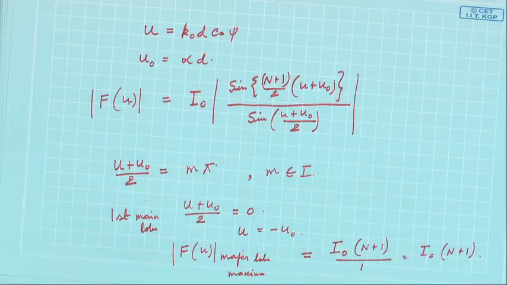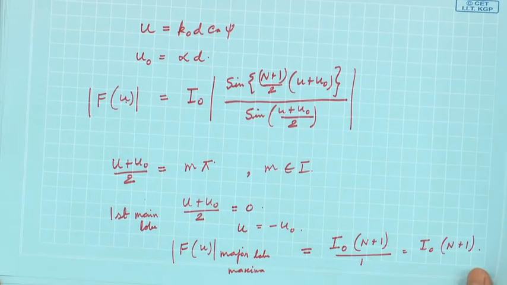So basically in the main lobe maxima, all the radiated fields from the elemental antennas are added in phase. At that point all are added in phase.